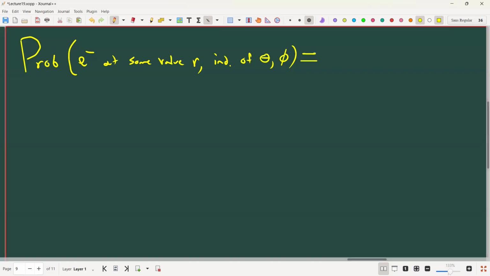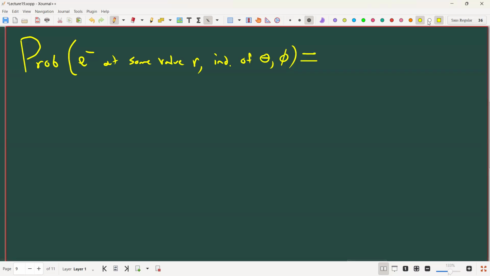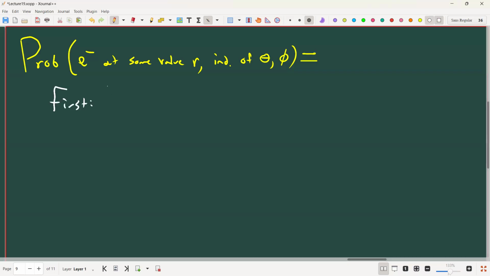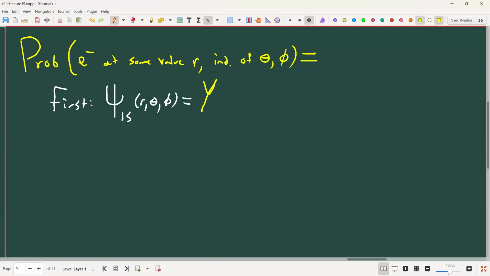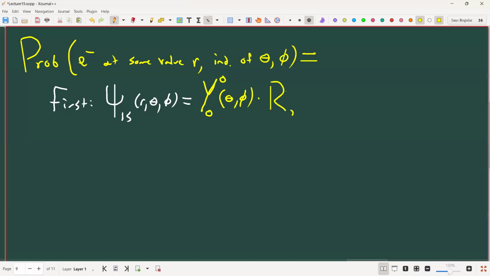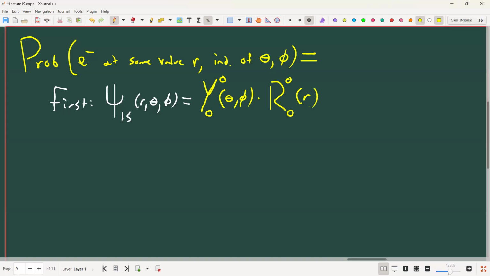So how would we do that? First, let's just separate the function. We'll write psi 1s, which is a function of r, theta, and phi, in terms of its spherical harmonic, Y 0,0 of theta and phi, times the radial function for the 1s orbital.